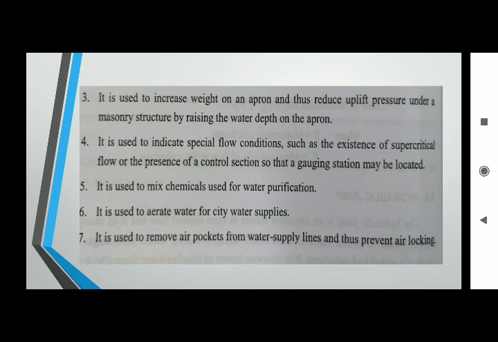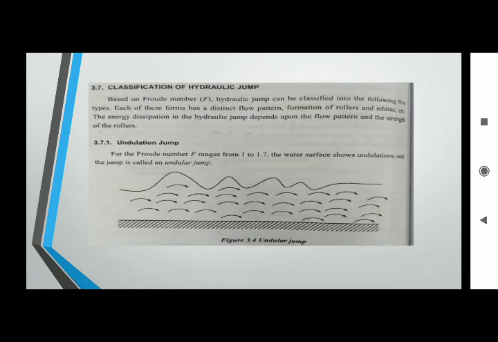Then for increasing aeration, the sixth point, it is used to aerate the water for city water supplies. Then we discussed different types of hydraulic jumps. There will be 6 types of hydraulic jumps, based on the Froude number.